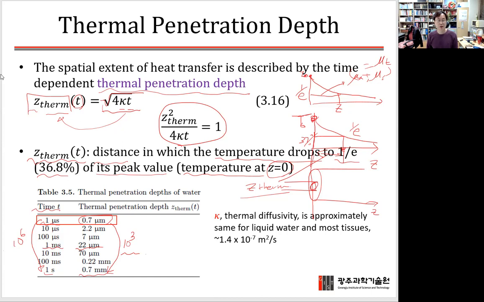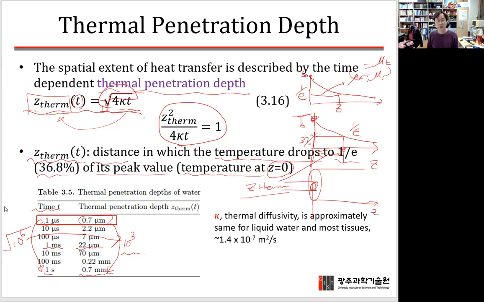So that's the square root of 10^6 showing up here. So when there is a time increase of the laser pulse duration, then the penetration depth follows the square root of the time increase.